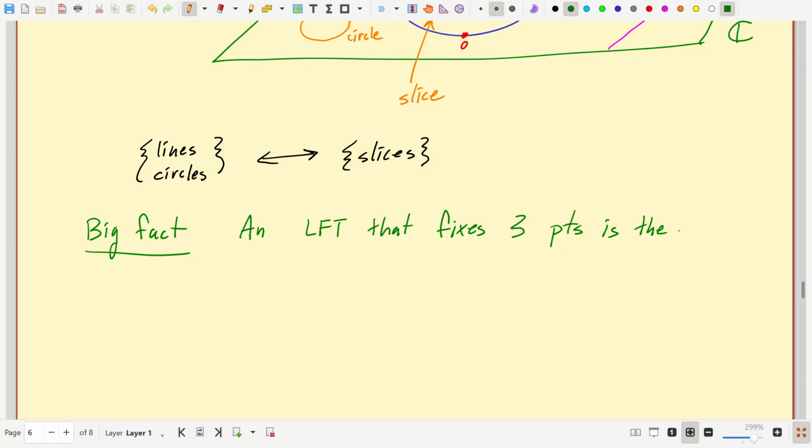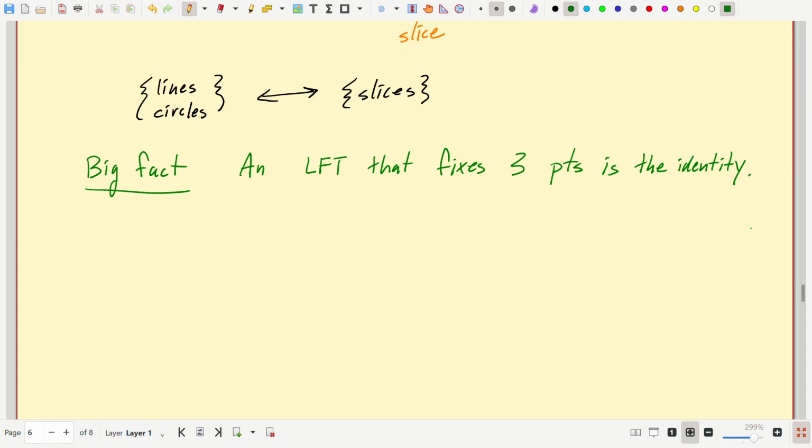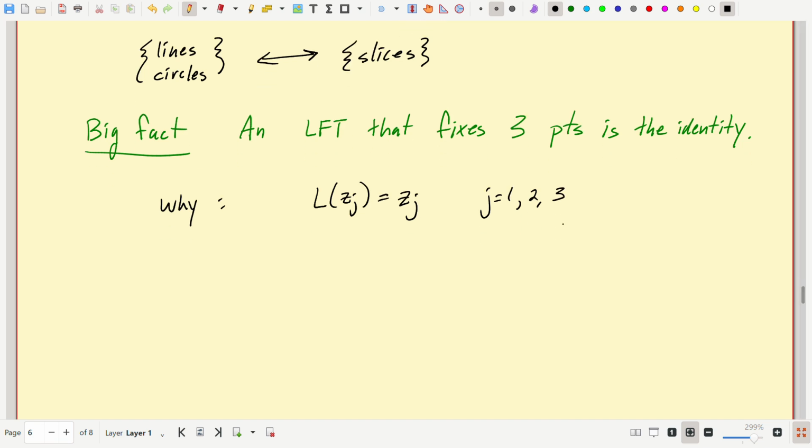The only way you can fix 3 points is if you have the identity. Think about that. Let's say I have L of Zj is itself for 3 different points. That would mean that Zj is (A Zj plus B) over (C Zj plus D).